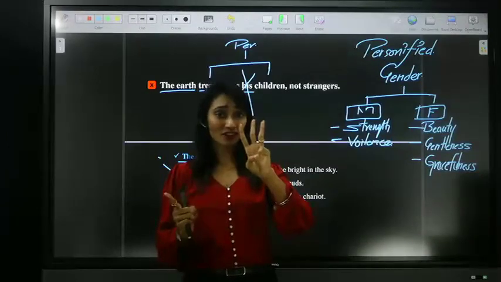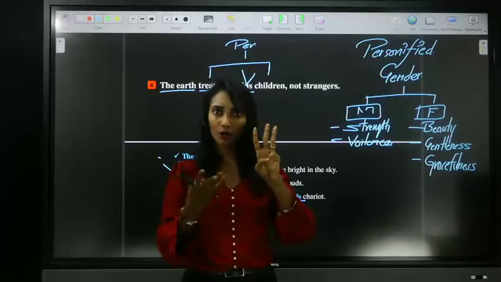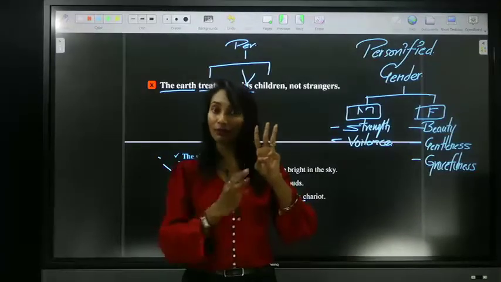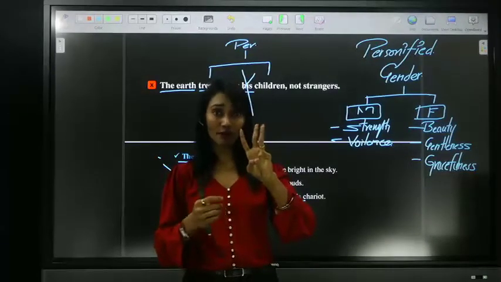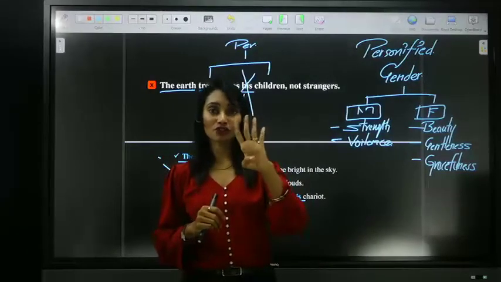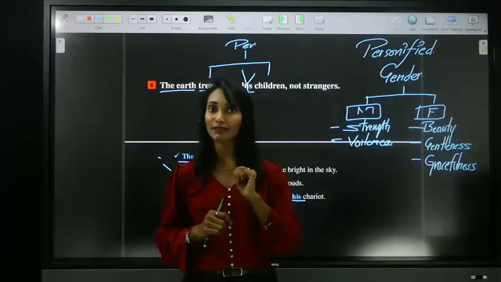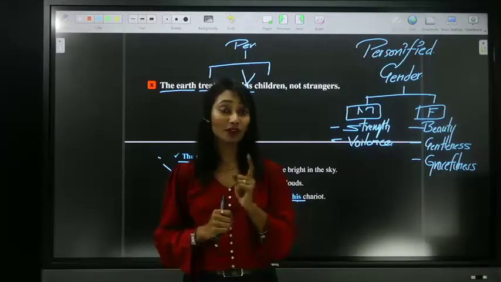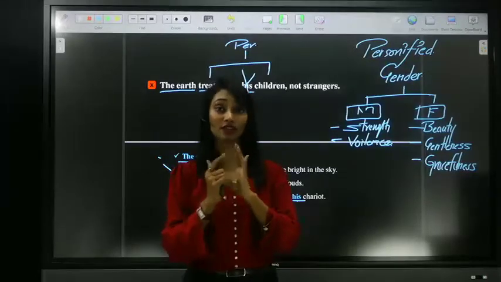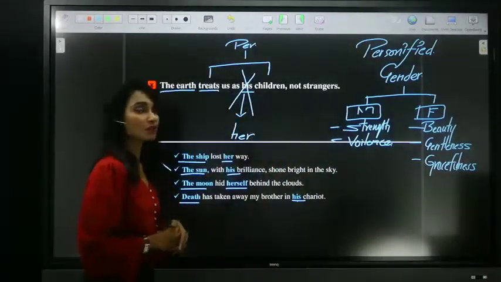It is not transgender, it is common gender like student, it can be male or female. Teacher can be male or female. Doctor can be male or female. That is common gender. 4. Neuter gender, which talks about all non-living beings, things without life. But when we personify, we can give life to these non-living beings. That is what this story is. Now, let's move on to the next one.